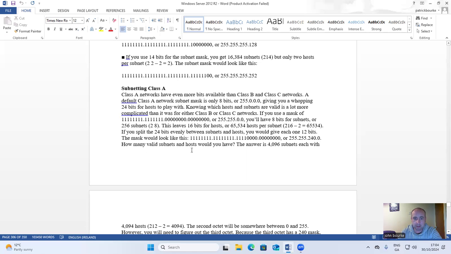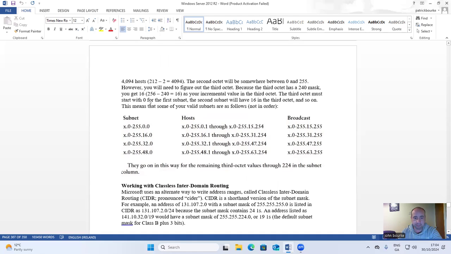How many valid subnets and hosts would you have? The answer is 4,096 subnets, each with 4,094 hosts: 2^12 minus 2 equals 4,094.